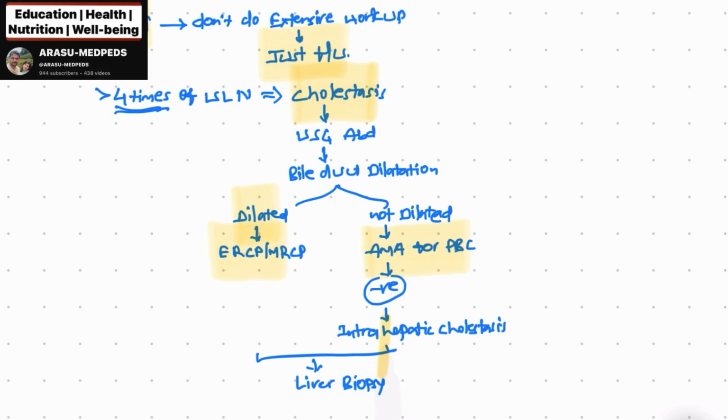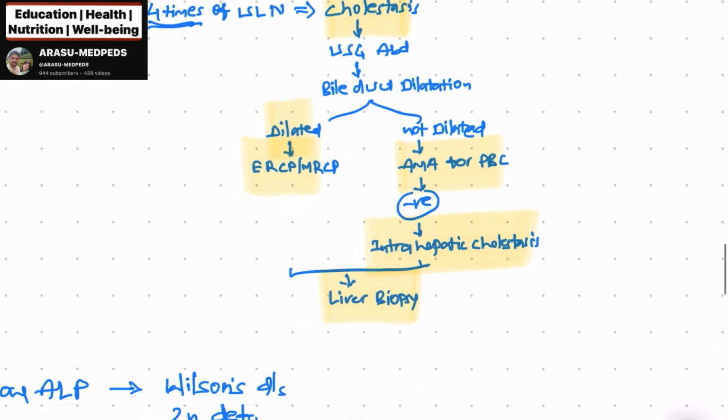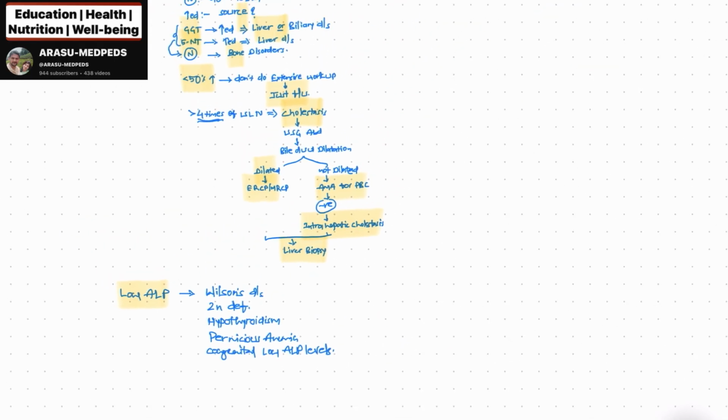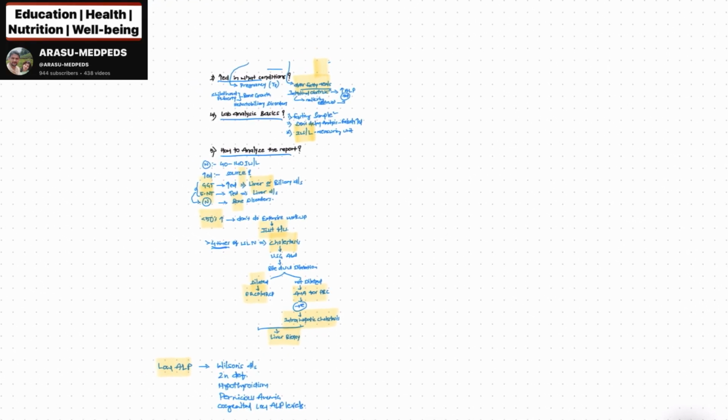Suppose it comes as negative, consider other intrahepatic cholestasis as the possible reason. And the last option, if we didn't get any cause for the elevated levels, we have to consider liver biopsy. And at last we discussed some reasons for low levels of ALP, which is not often discussed. So this is the overall summary about alkaline phosphatase.